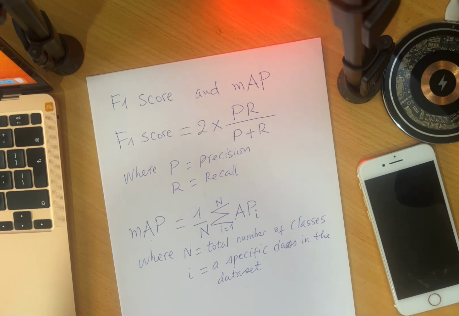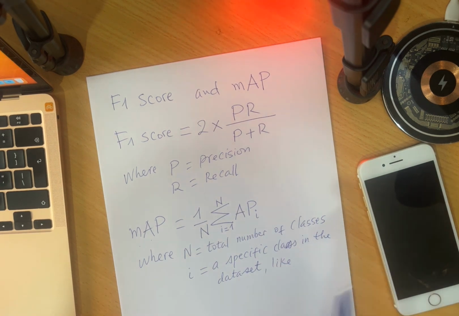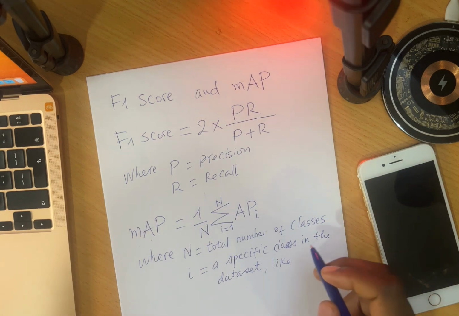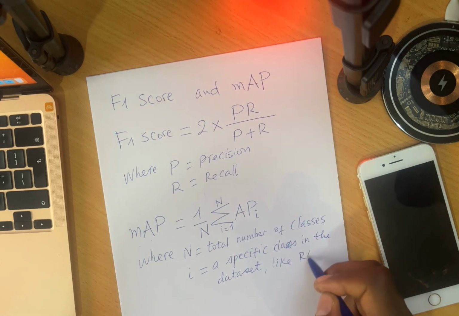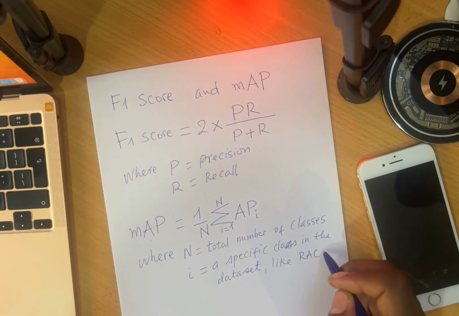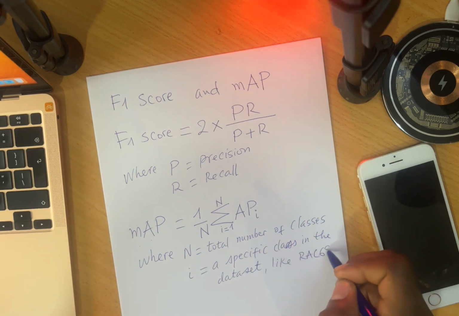In our case of ANPR, a class looks like RAC 697T.